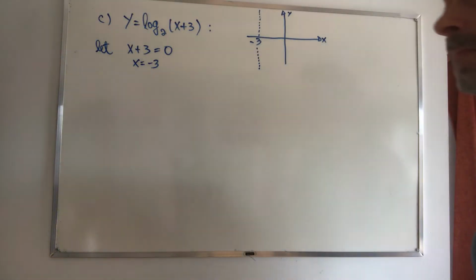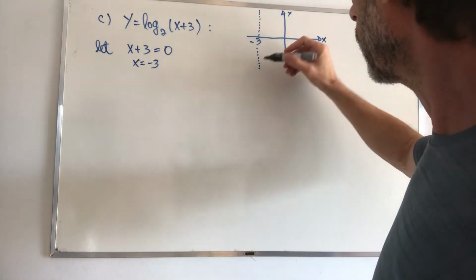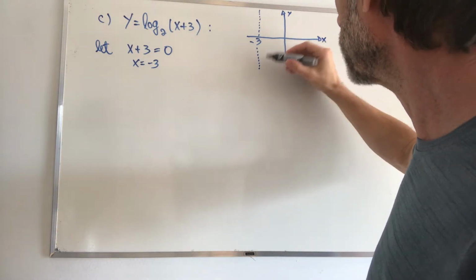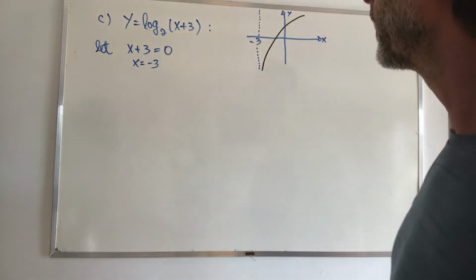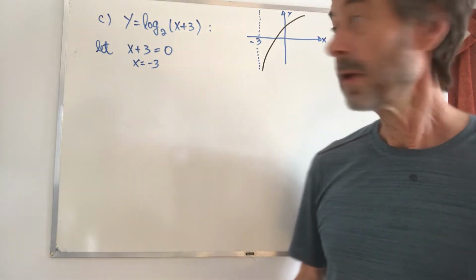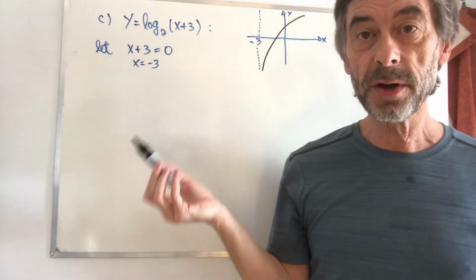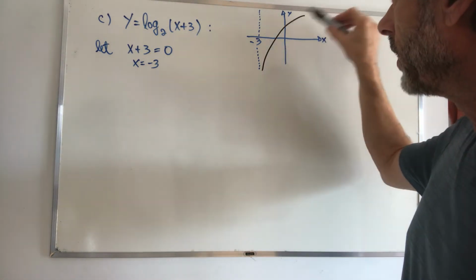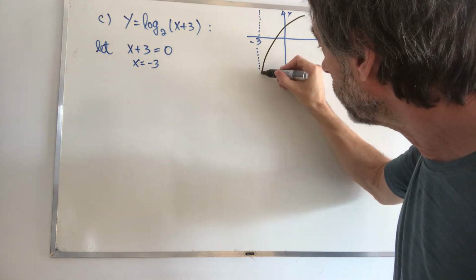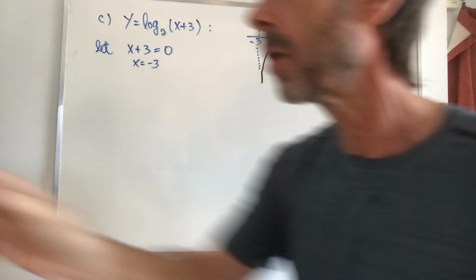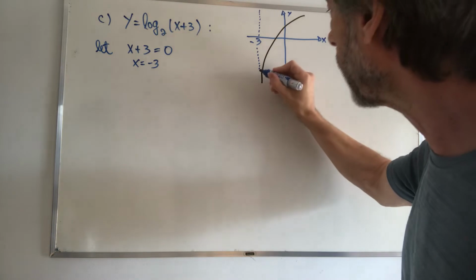All right, so here we go. I have enough space. It's going to look something like this. Same shape as the standard log base 2, but it's going to have this as an asymptote, so it leans closer and closer to the vertical asymptote, which is minus 3.